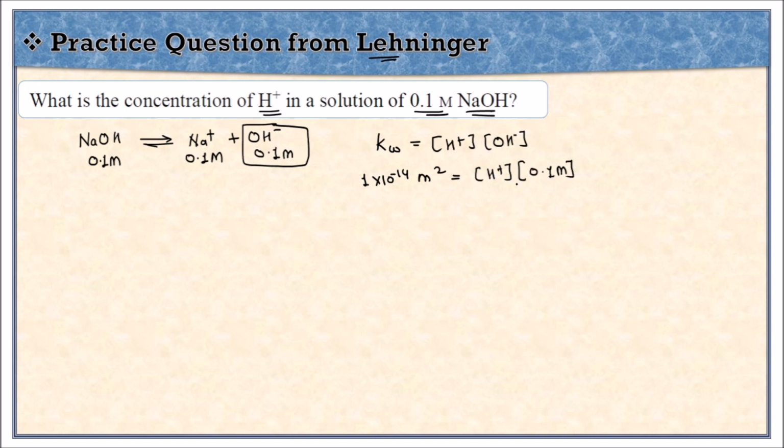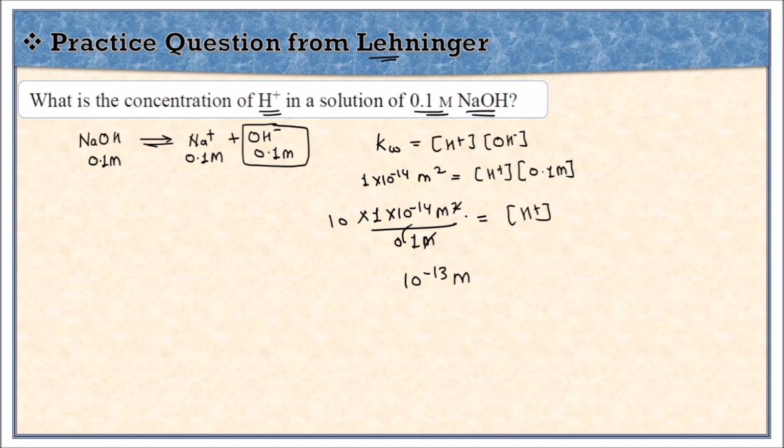Then we divide this value by 0.1 and we will get our answer. So 10 to the power minus 14 molar square divided by 0.1 molar gives us the concentration of H plus. By removing this decimal, it will give you 10 multiplied by 10 to the power minus 14, so it will be 10 to the power minus 13 molar.